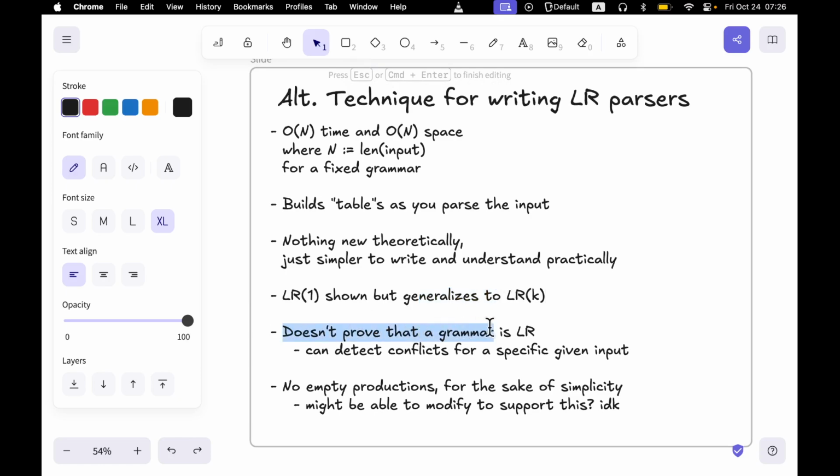Okay, so this parser doesn't prove that a grammar is LR. For those who don't know, Bison, for example, is an LR parser generator, and it can actually prove for every string if the parser has a conflict or not. So it can prove that a certain grammar is LR for every given string that conforms to the grammar.